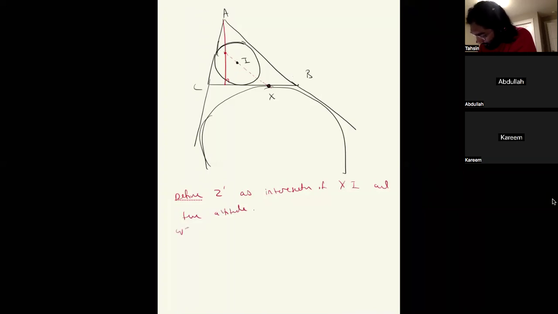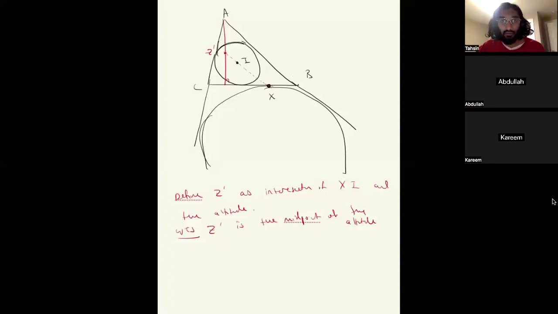And we want to show that Z prime is the midpoint of the altitude. That's what we want to do. Does that make sense? This is a slight reformulation of the problem. Are we okay with this formulation? Yeah. Okay.